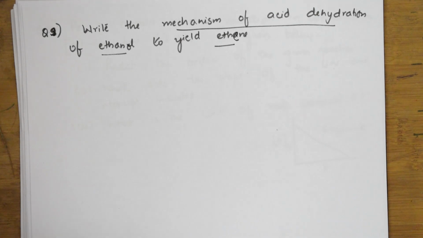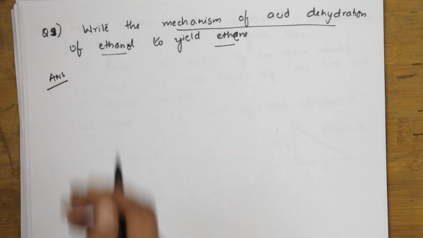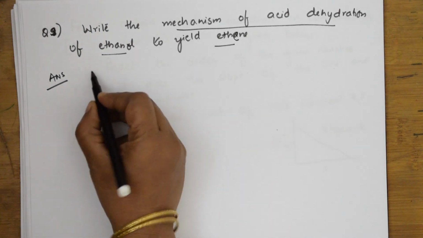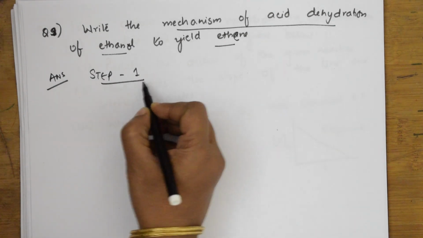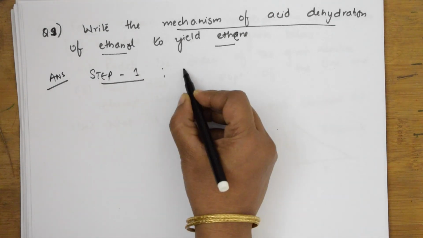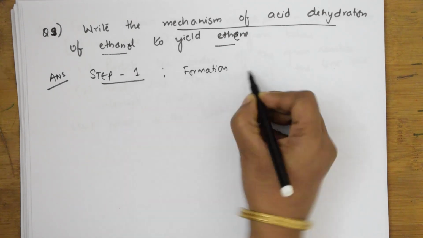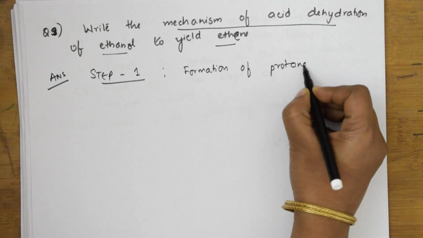Done. So whenever we are doing the mechanism, the first important thing, the examiner will be very careful. He'll be observing step 1, step 2 like that. So first write step 1. What is step 1? It is basically formation of protonated alcohol.